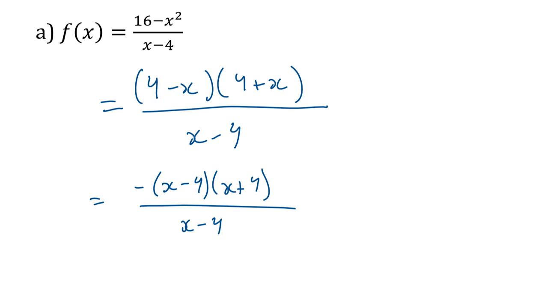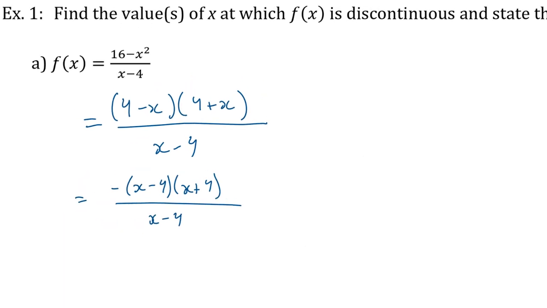But this is something that you have to start spotting, knowing that 4 minus x can be turned into x minus 4, right? But you have to factor out the negative. So therefore, f at x is discontinuous at x equals 4 because of a hole.